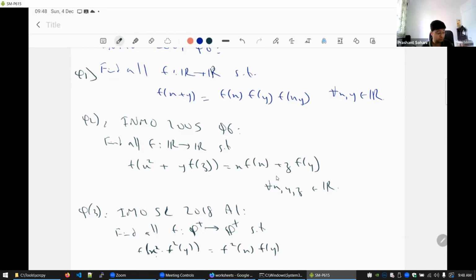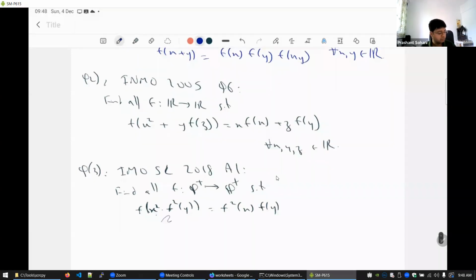Let me make one comment about this notation, which I don't really like, but it has become commonplace: writing f square of y, because what this is really saying is f of y whole square. But there is a different context in which f square of y can mean applying the function f two times, f of f of y. That kind of confusion can happen if you are reading textbooks, but in the problems you are doing, the assumption is that it means f of y whole square.